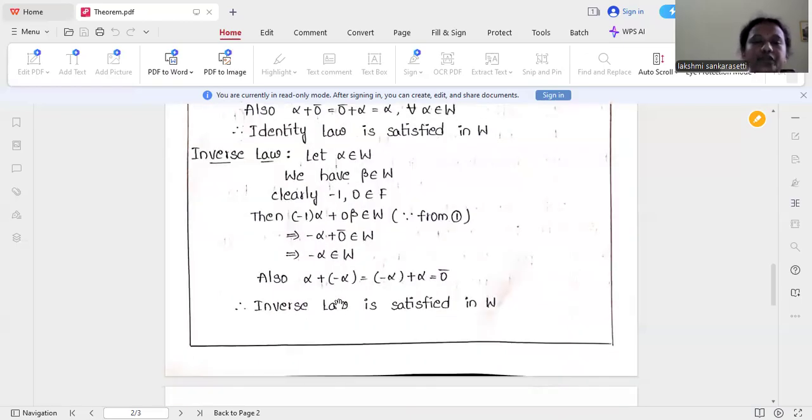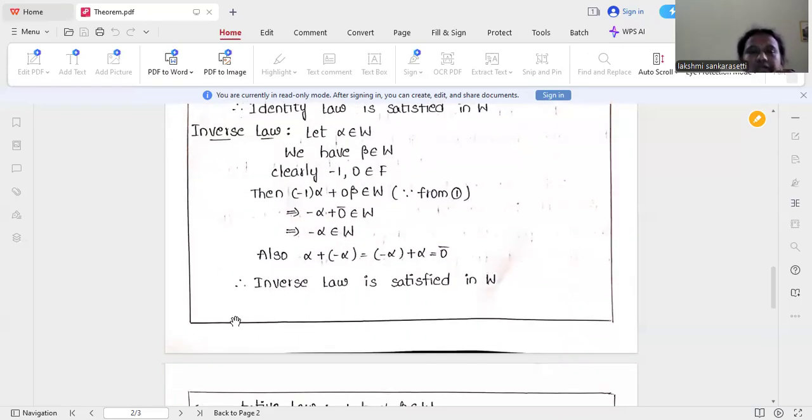Inverse law. For each and every element, we have to discuss the inverse property. For each alpha belonging to W, minus alpha also belongs to W such that alpha plus minus alpha is equal to 0 bar. Then minus alpha is represented as the inverse of alpha and vice versa.